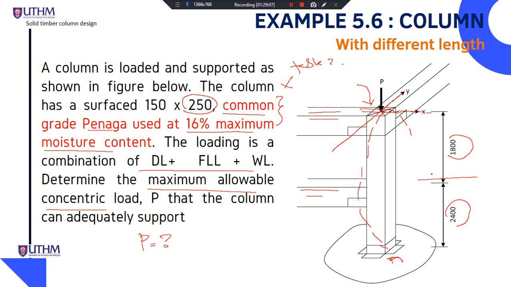If you look from this view, you can see this is the bending due to the load. So where our L here is, LE here is equal to 0.85 L.